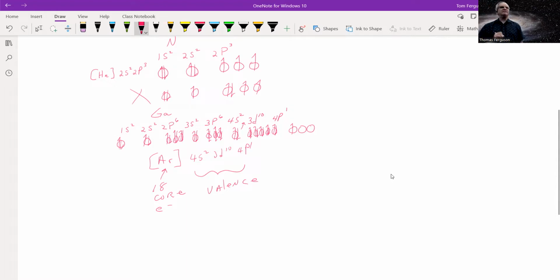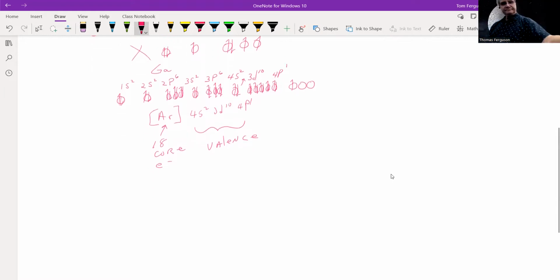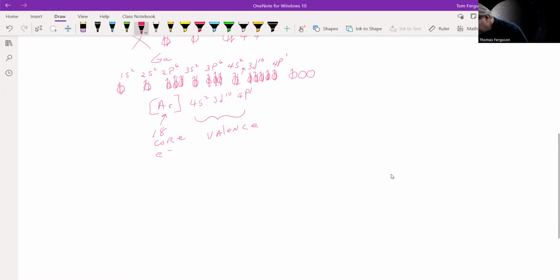And these represent the valence electrons. Now we're only going to go to shell number 4. When you go into 1A or 3A, you're going to be doing the whole shebang. Let me show you, don't write this down, okay? I'm going to show you what uranium looks like. I have to account for 92 electrons.